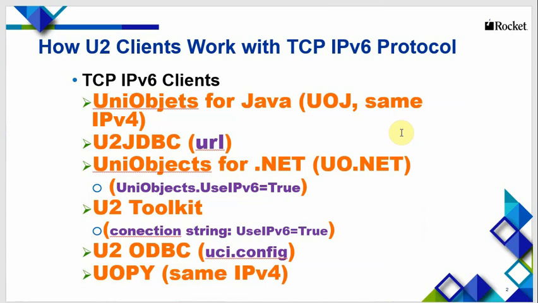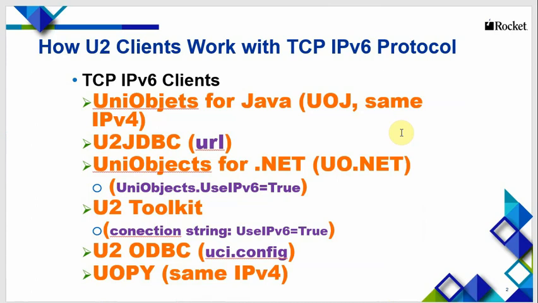So first, for UniObject for Java, basically it's completely the same program. You can use IPv4 syntax in the host name, also using the IPv6 format IP address. It will work the same way for UOJ.